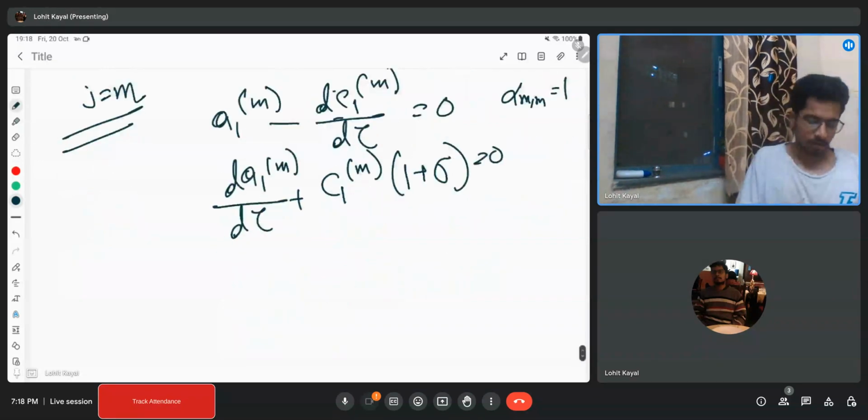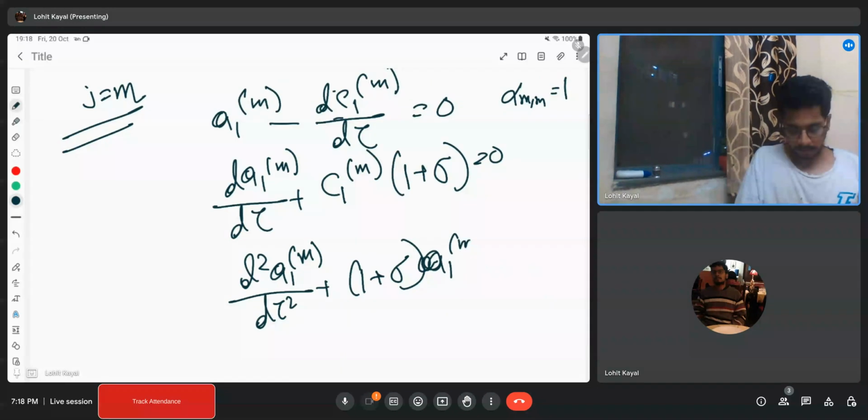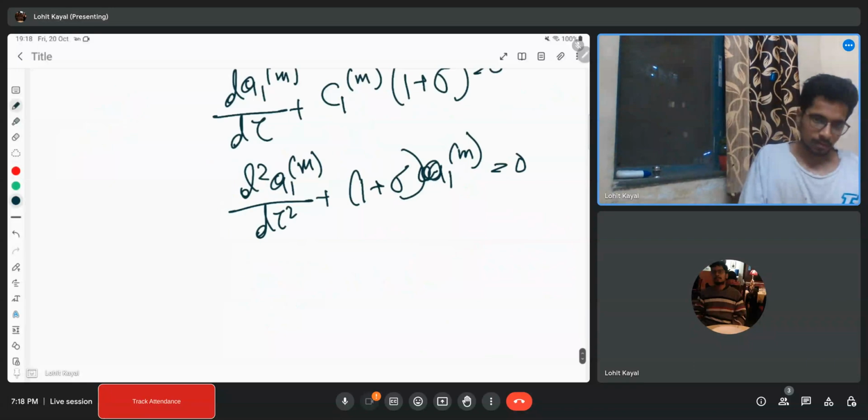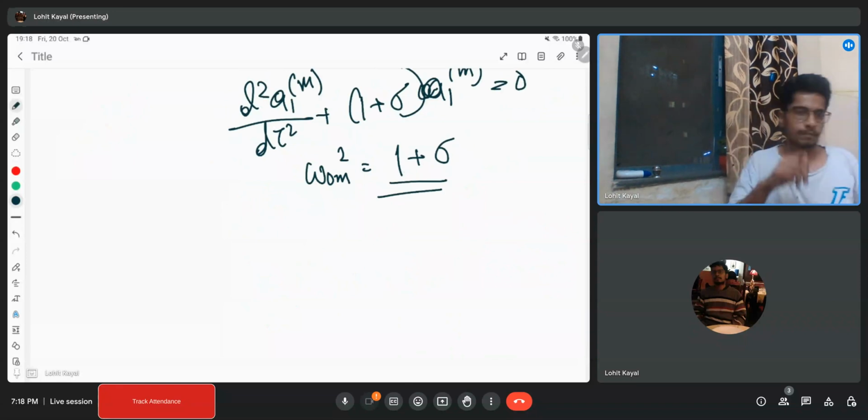So α_jm squared is equal to 1 here. So we can combine these two very easily and we will get d²a_1m/dτ² plus (1 plus σ) a_1m is equal to 0. So here let us define ω_0m squared equal to 1 plus σ. So now this is the non-dimensional frequency of the capillary gravity waves.